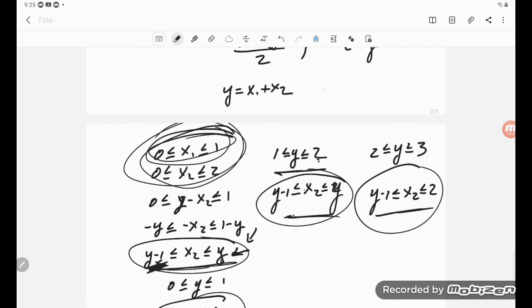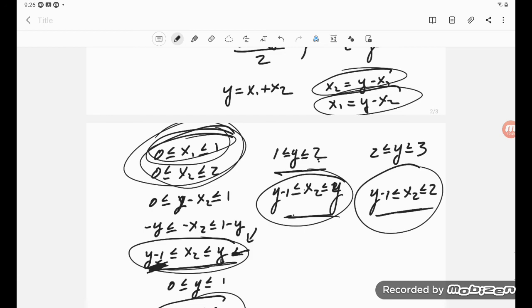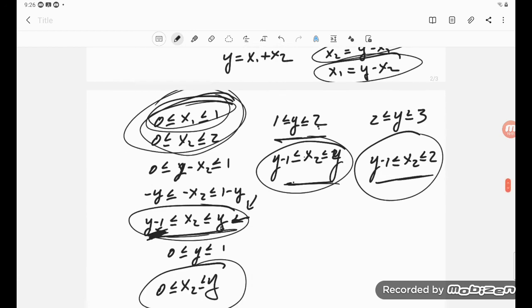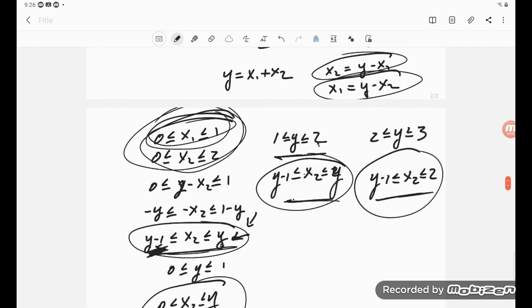And either writing that as x2 equals y minus x1, or writing it as x1 equals y minus x2. And so depending on which way you go, here I'm going to integrate with respect to x1. Here I'm going to integrate with respect to x2. Okay, so that is example 5.17 in a little more detail than we did in class.